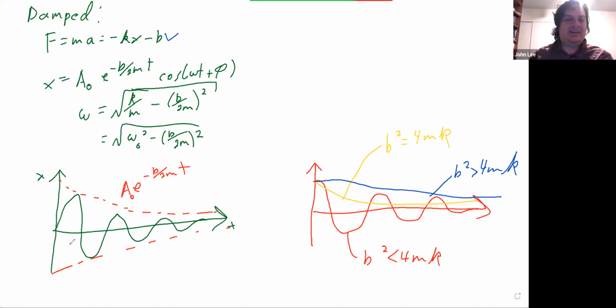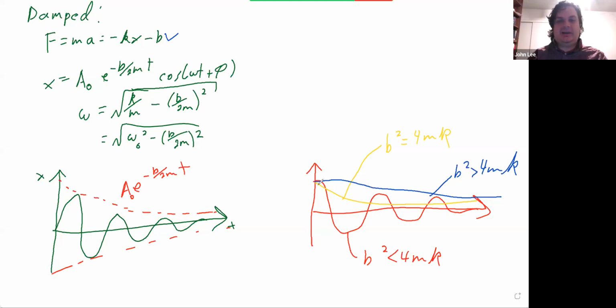In that case, it oscillates back and forth with a decreasing amplitude. Or you can have b squared equal to 4mk exactly, in which case omega disappears completely and it just becomes an exponential function, a naught e to the negative b over 2m t.